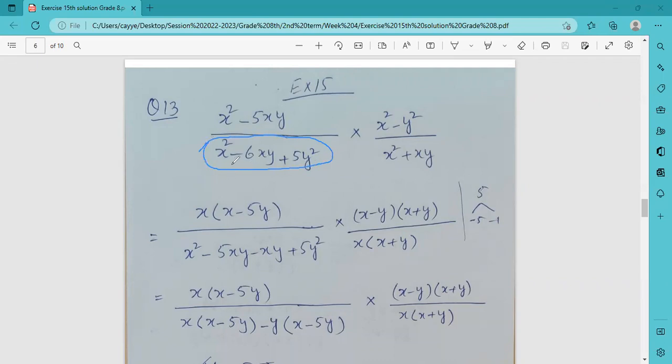When there are three terms, we will use the bridge method or midterm break method. So 5 x square y square, 5x, because there is a negative sign, so negative sign, there is a division. Minus 5 minus 1 means 5 ones are 5, minus 5 minus 1 will be minus 6. So take x square minus 5xy minus xy plus 5y square.